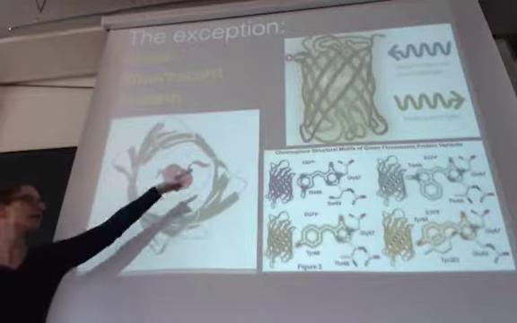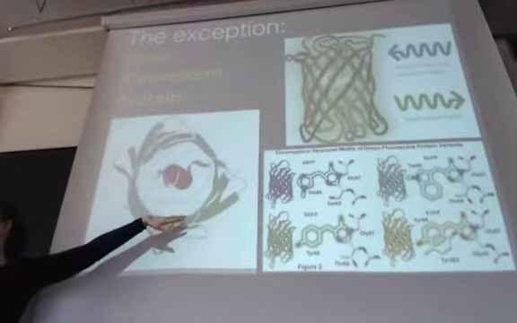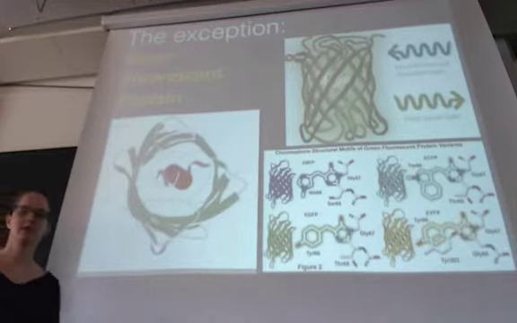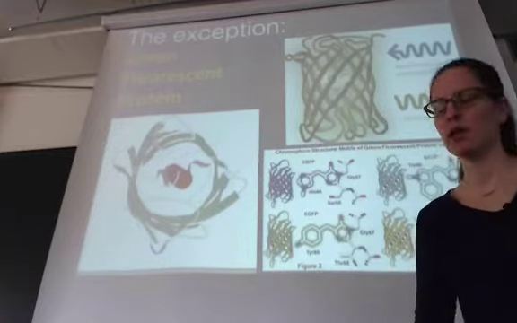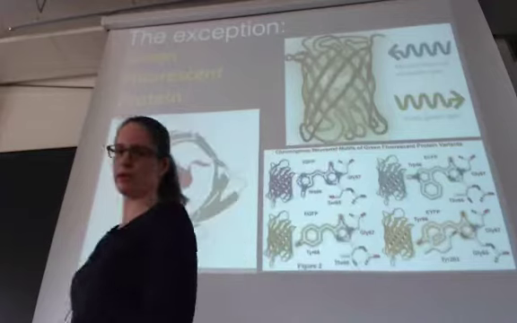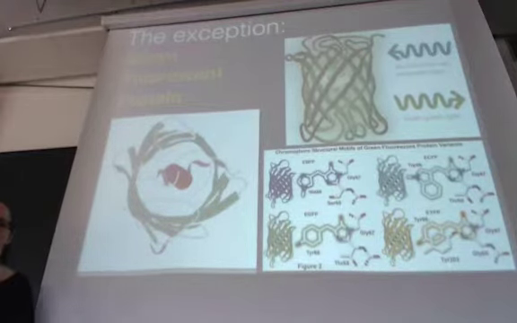It has a sheet that is arranged into a barrel, a beta barrel, with a helix inside. So this means that this can happen. And you know, it might just be some kind of strange thing that you don't expect to happen from the principles we just derived, but it turns out this is a really, really important protein, in fact.